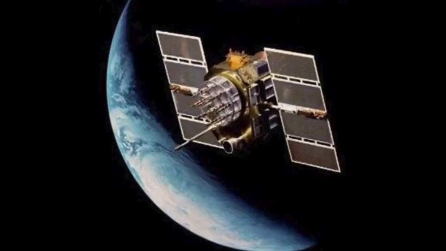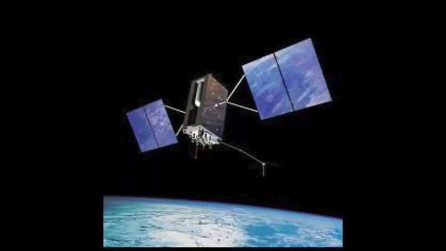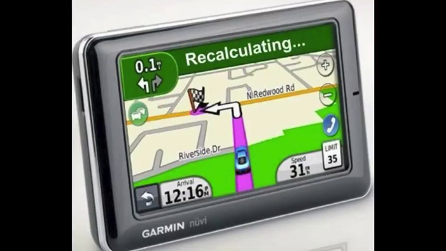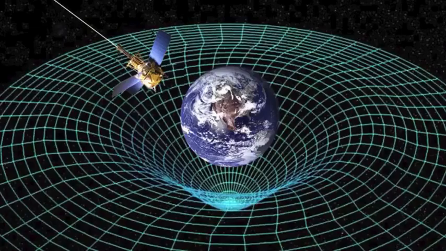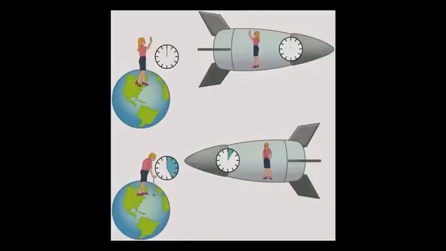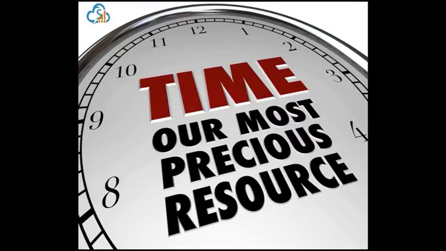A microsecond discrepancy between the satellites and the ground's clock could translate into 300 meters error in position. Imagine if your GPS tells you to exit 300 meters before the correct location. GPS considered the constancy of the speed of light, the equivalence principle, time dilation, gravitational frequency shifts, and other relativistic principles to do its job. Time indeed is that crucial.